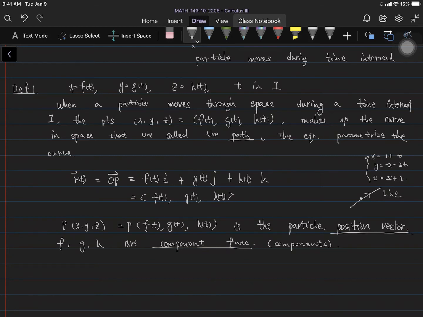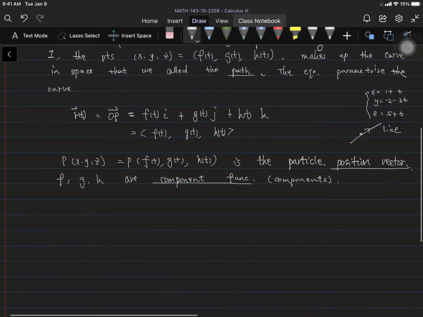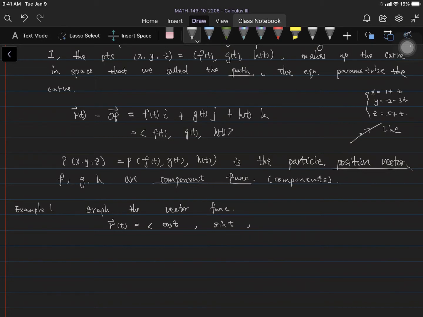Now let's take a look at the first example, and we're going to see what the vector function looks like. The first one, graph the vector function, and the vector function is given by this one, r(t). So we need to be familiar with this kind of thing, r(t), and here the first component is cosine t, second sine t, and t.